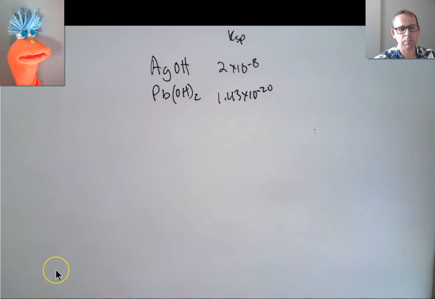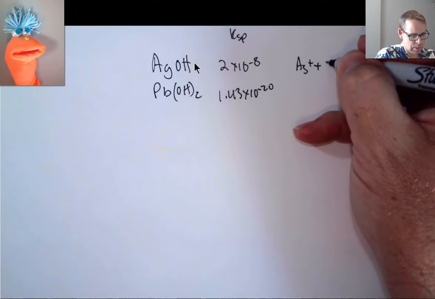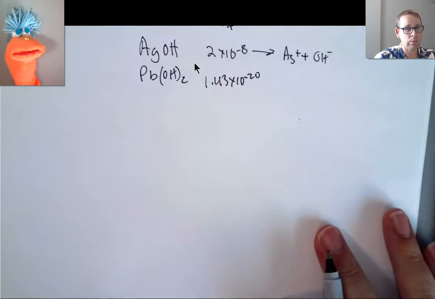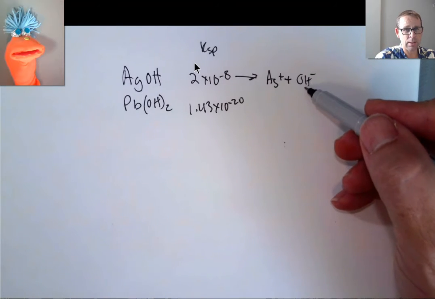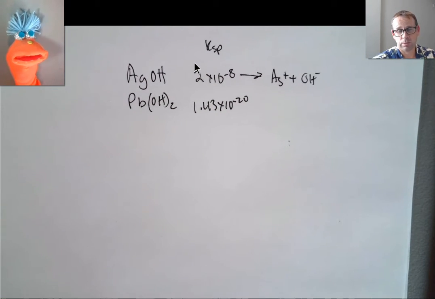Now we talked about ladder diagrams a little bit before, but what's interesting about this KSP is, if you think of this compound dissociating into silver ions and hydroxide ion, then the amount of hydroxide ion is related to the pH of the solution, because the pH is related to the hydrogen ion concentration, and the hydrogen ion concentration is related to the hydroxide ion concentration.